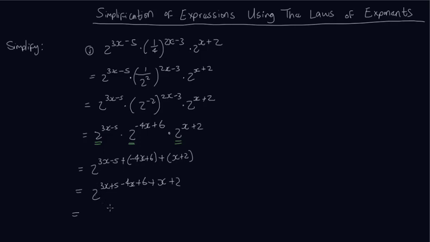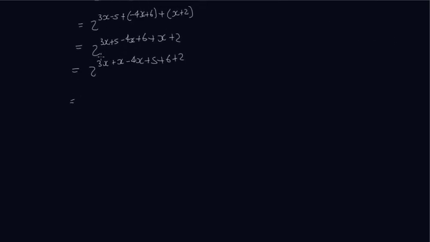Then add like terms: 3x plus x minus 4x, and then plus 5 plus 6 plus 2. We see that 3 plus 1 is 4, minus 4x is about 0. So these cancel, plus 3 and 4x, and then we are left with 8 plus 5.